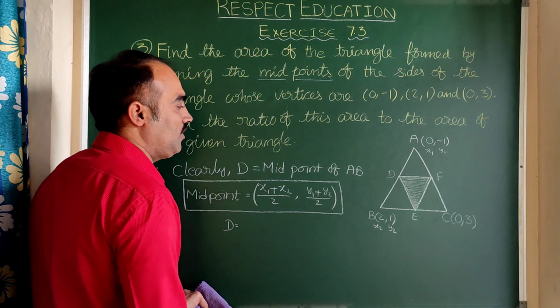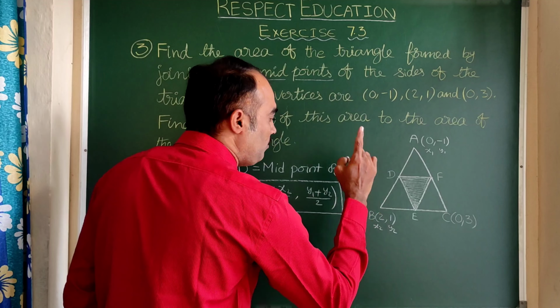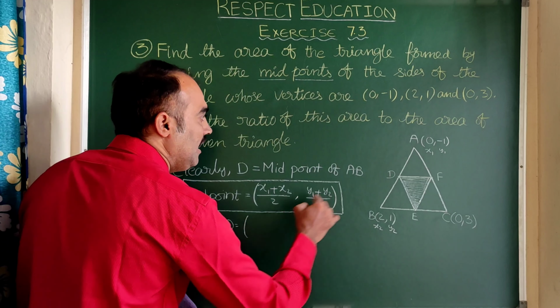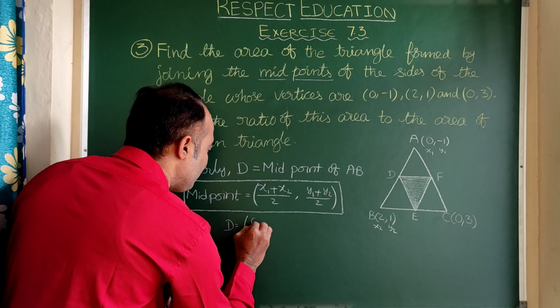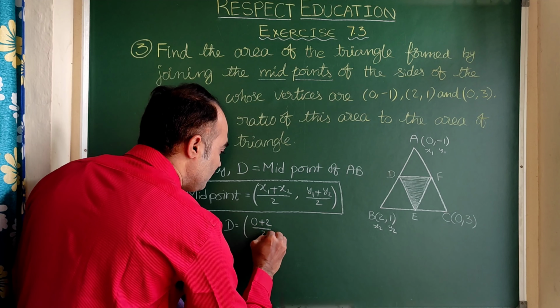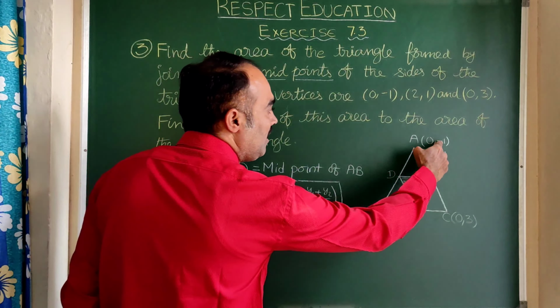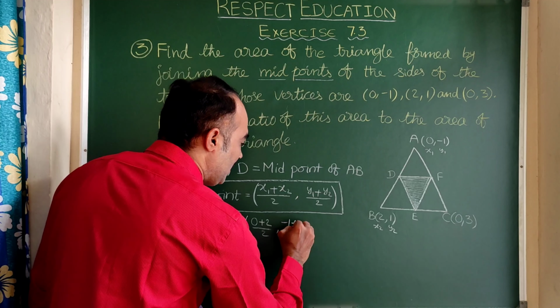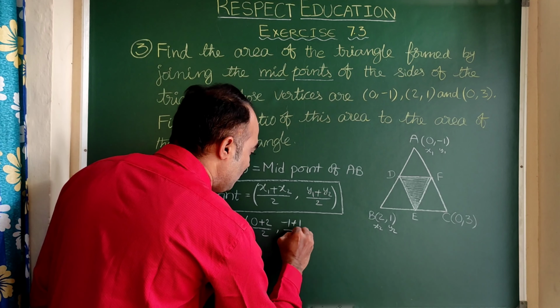Now according to the formula, x1 plus x2 by 2, that means here x1 is 0 plus x2 is 2 by 2, y1 is minus 1 plus y2 is plus 1 by 2.